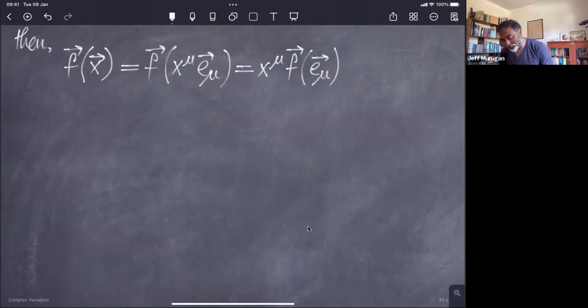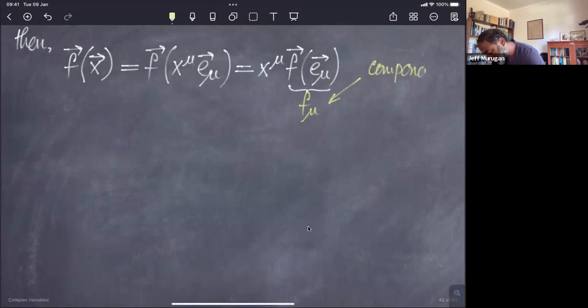This here defines for me the components of the linear map, the covector.